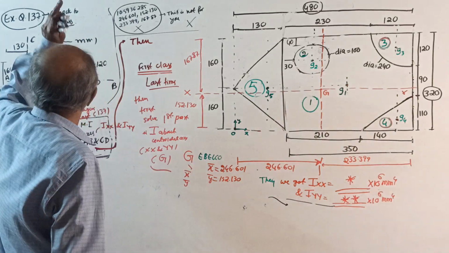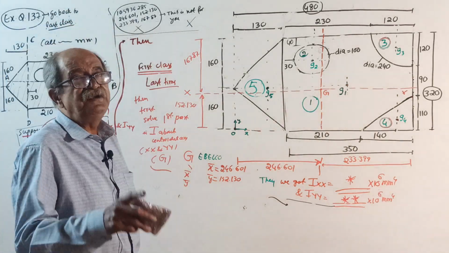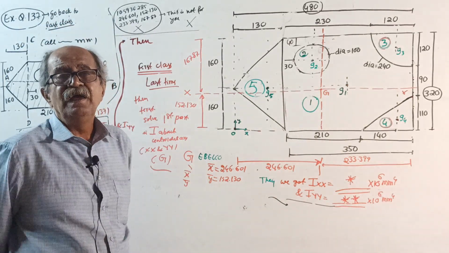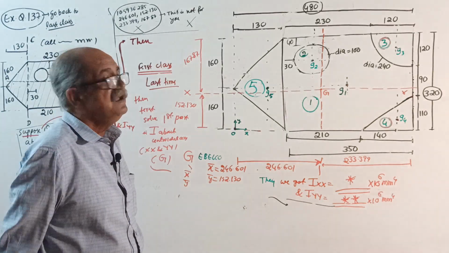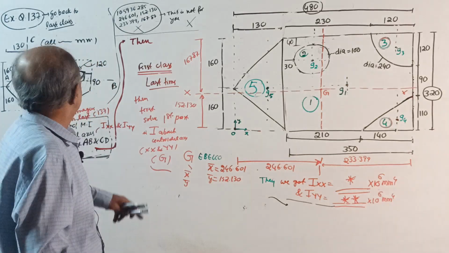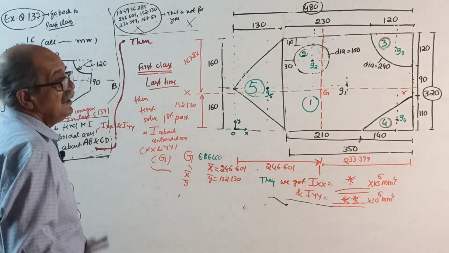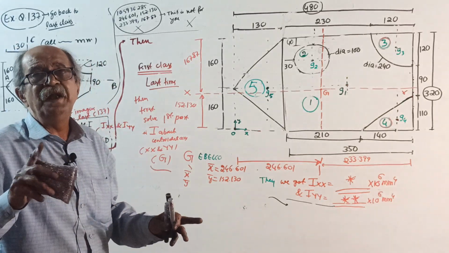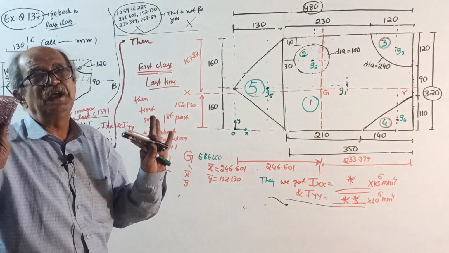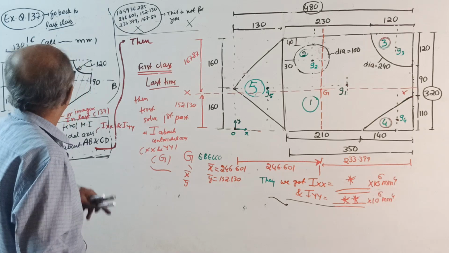Because in the question last time, they wanted only the moment of inertia about the centroidal axis. In today's class question, they want about AB and CD. So both we did independently. It's sufficient for telling.